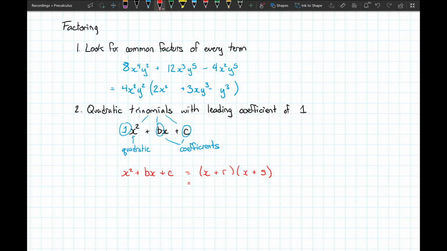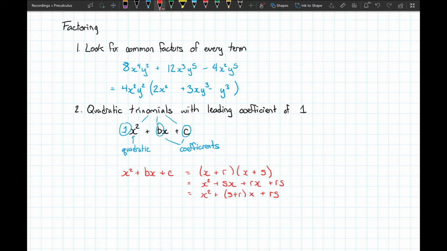So expanding the right-hand side out here using FOIL, first times first, x squared, plus the outside, x times s. I'll put the s in front since that's going to be some number. Plus r times x and r times s. Now, both of the terms in the middle have an x. That's a common factor of those 2 terms. So using some factoring of a common x, we can write that as s plus r times x.